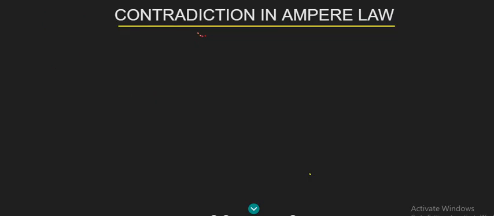Now let us discuss the important topic of this chapter, which is the contradiction of Ampere's circuital law.